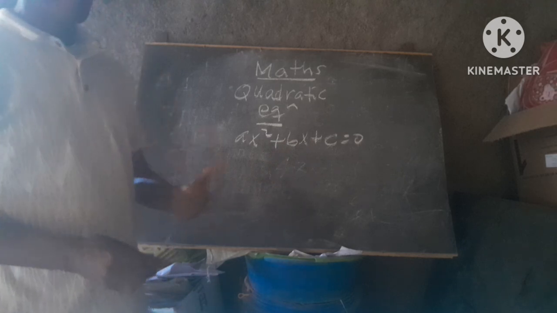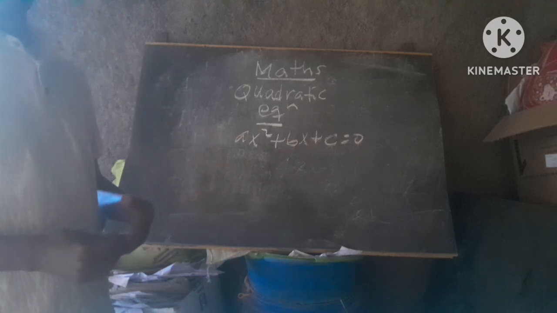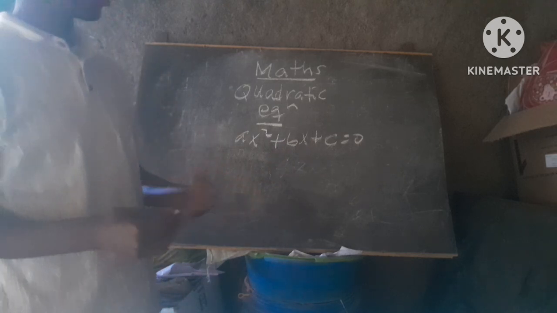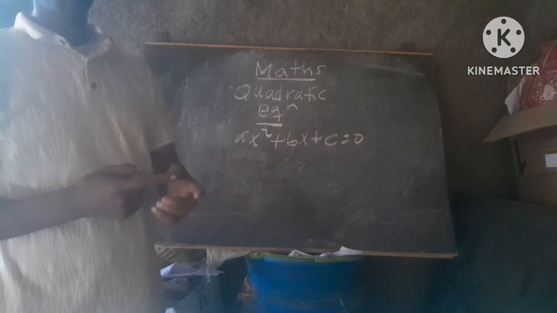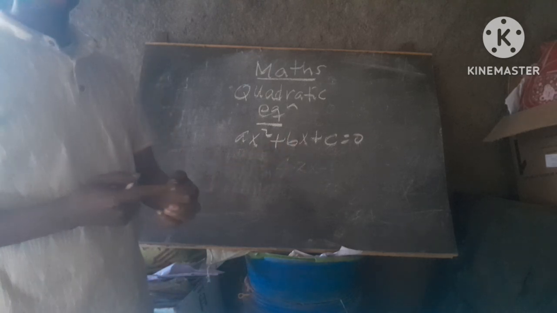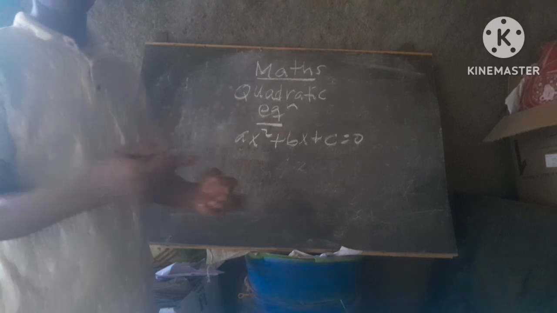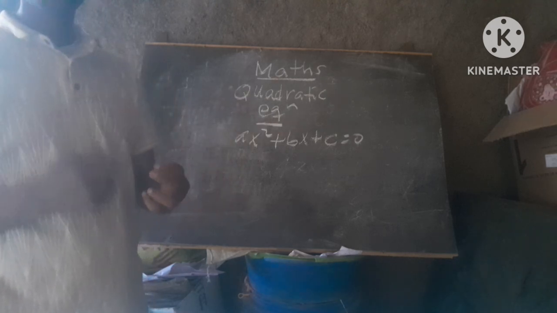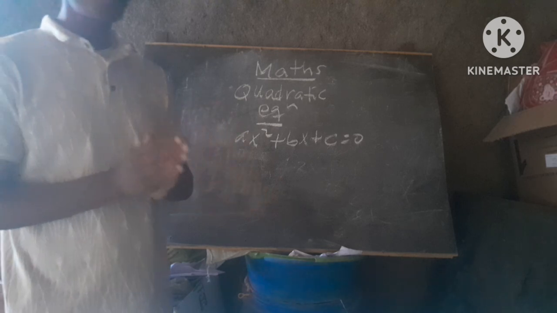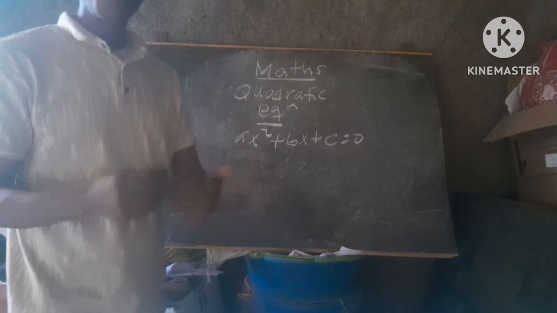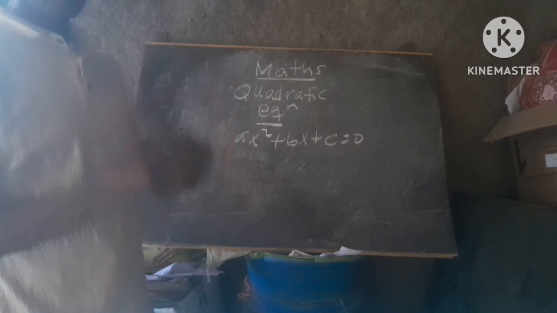And we have many techniques, of course 3 or 4 techniques, in order to solve this quadratic equation. One is the completing the square method, the second is the factorization method, or sum and product rule, and the third one is the quadratic formula. But for today, I'm going to show you how the quadratic formula works.